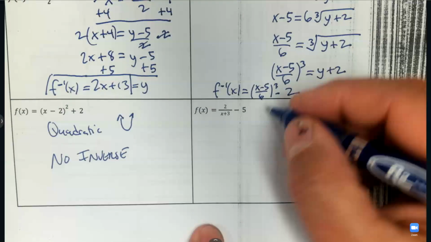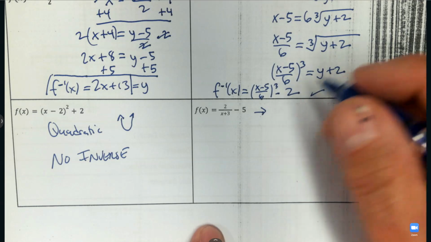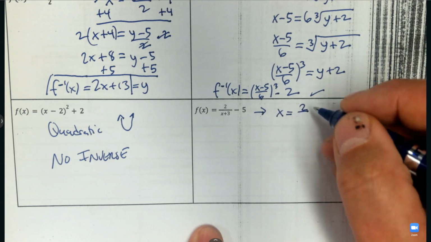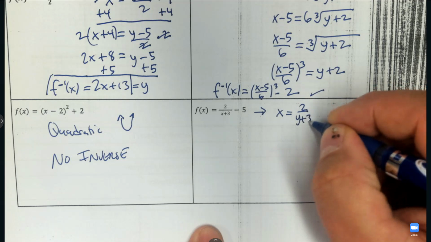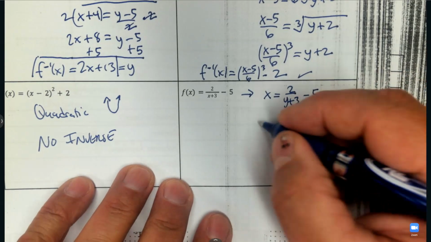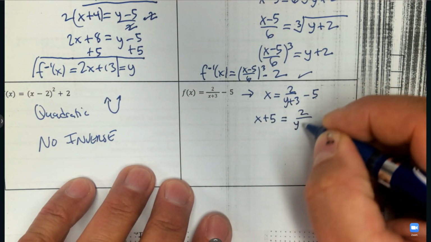This is a reciprocal. That is one that's monotonic, that only increases or only decreases. So we're going to write down x equals 2 over y plus 3. And then I'm going to solve it. So the inverse of subtracting 5 is to add 5.